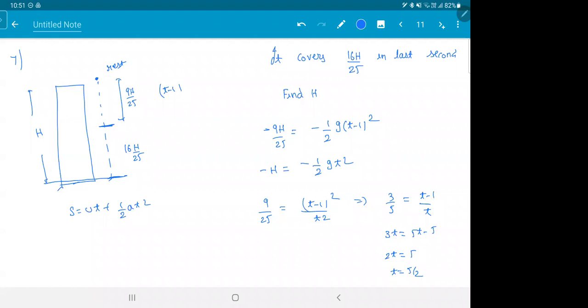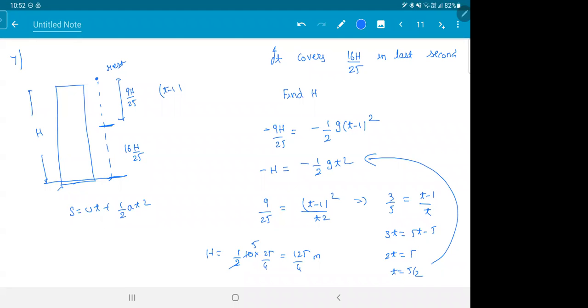Got this? Then you're done. Take it and put in equation 2. So h is equal to half g t square, that is 25 by 4. 2 fives are 10, 5 tens are 125 by 4 meters.